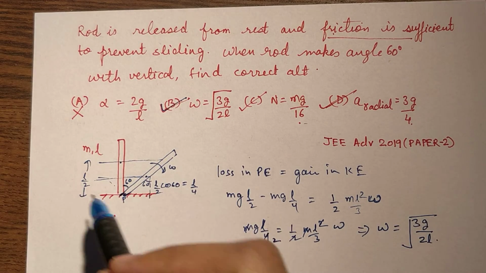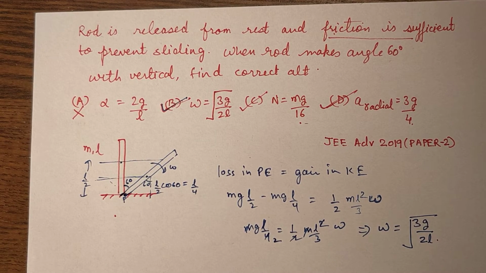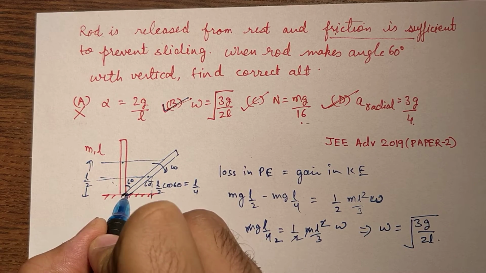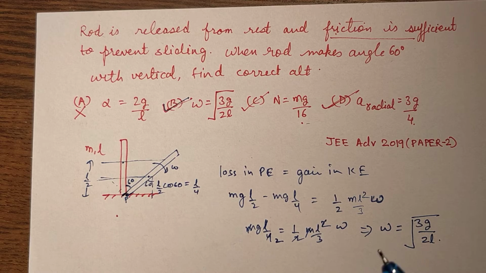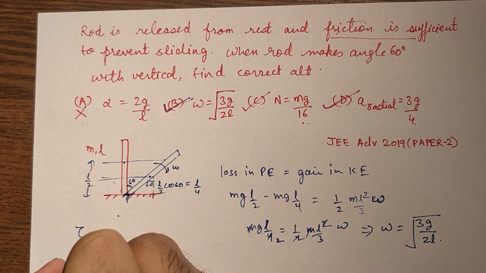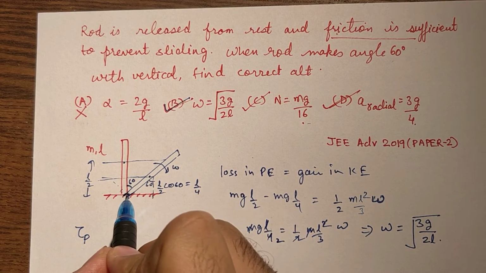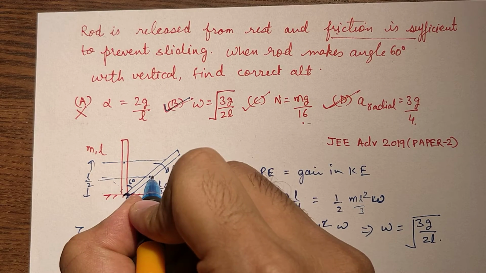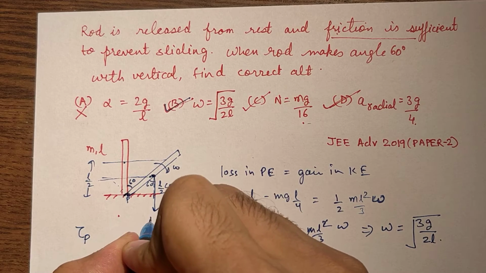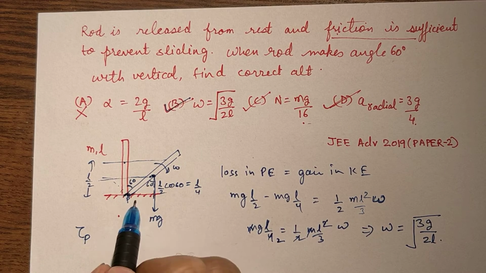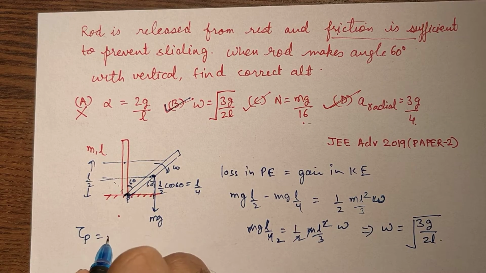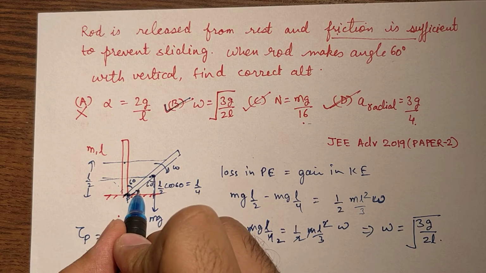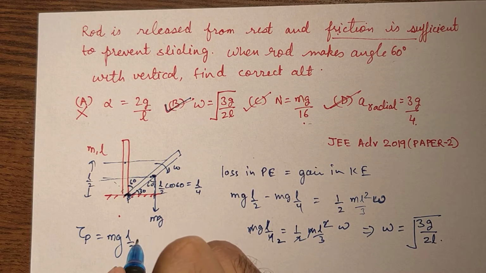Okay, let's find alpha at this position. At this position, the two forces, friction and normal reaction, pass through point P. So if I write torque about point P, there won't be any torque due to friction and normal reaction. Only mg will have torque, which is mg into r perpendicular, that is L by 2 into cos 30.